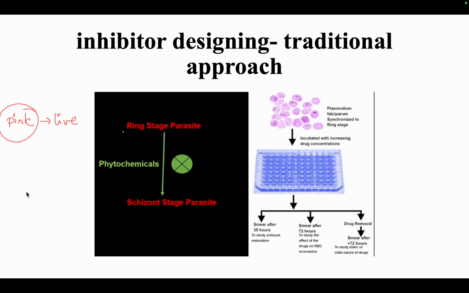And if they go into the schizont stage, okay, they will be stained purple because they will mostly be dead. Okay, so the dead parasite will be stained purple. So this is how we can screen by staining the cells.